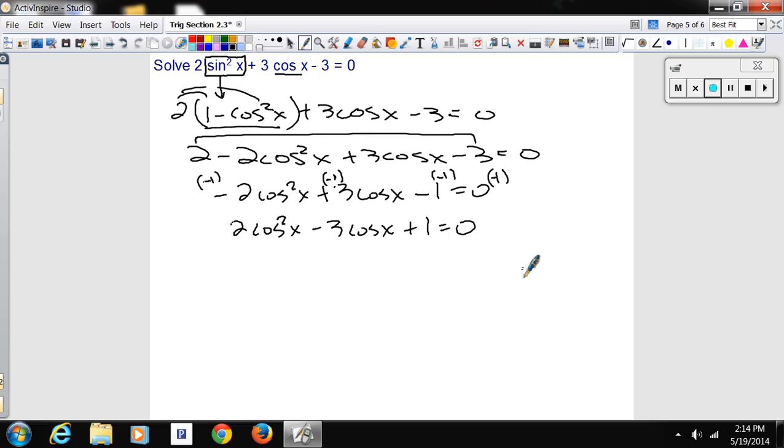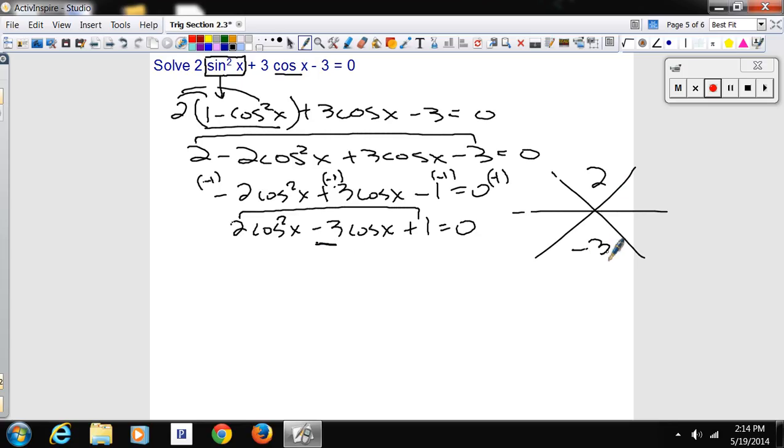I don't know if your teacher taught you the X or the star or whatever. I would show my students the star method because I think it comes out a lot easier. I would multiply the first number times the last number, that's a 2. My middle number would always go on the bottom, that's a negative 3.